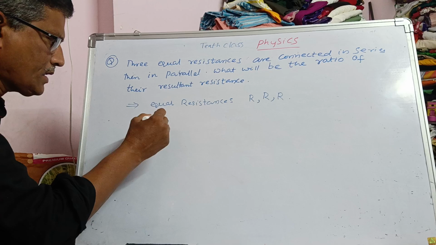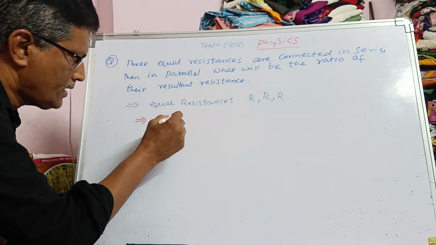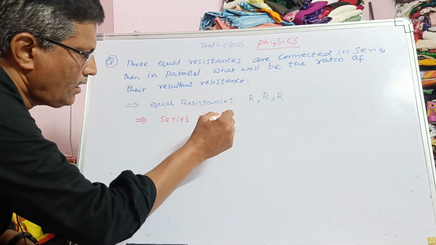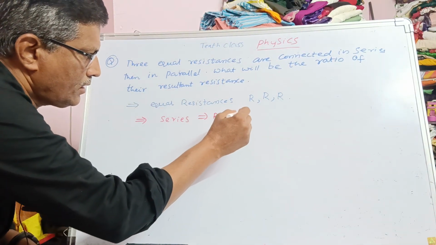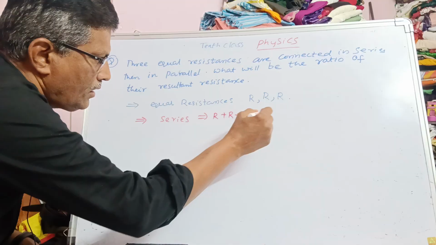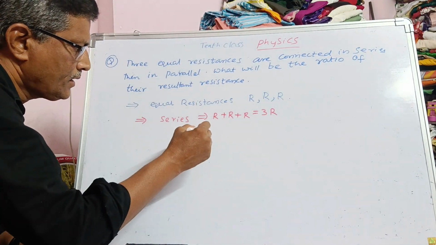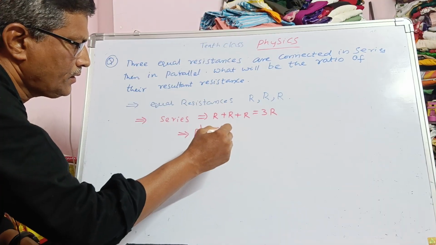In series connection, it is R plus R plus R, which is equal to 3R. We take this as R dash equal to 3R.